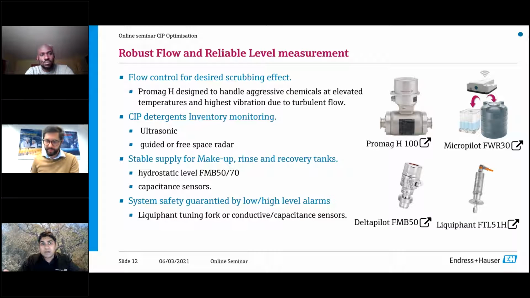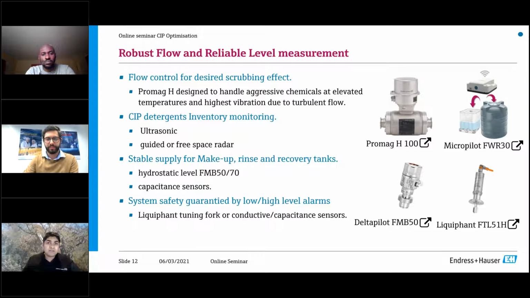So you need, as I mentioned, 1.5 meters per second flow rate in order to create that agitation activity to clean all the crevices, all the T-joints, etc. So that's why flow is also an important measurement. And for instance, we have our H100, which is a very economical flow meter that works very well in this sort of environment and application.